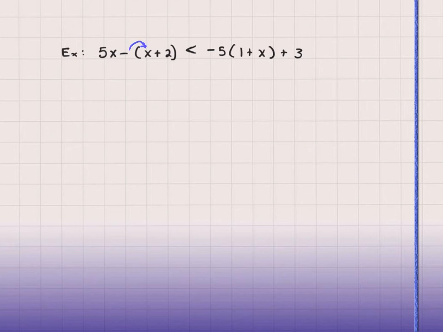So as we distribute that negative 1, we're going to get 5x minus 1x and minus 2 is less than, we distribute our negative 5, it's negative 5 minus 5x plus 3. Now if you look on the left-hand side here, we still have some like terms, so we want to squish those together. 5x, take away 1x, that's 4x.